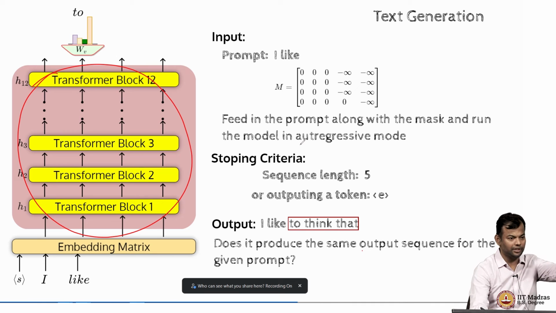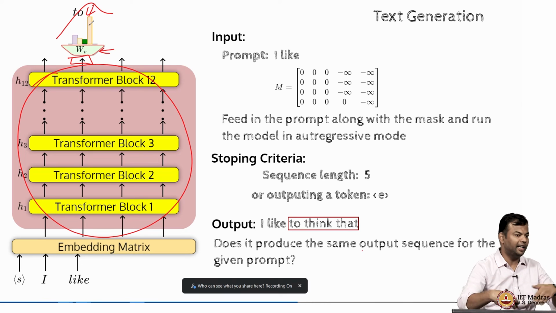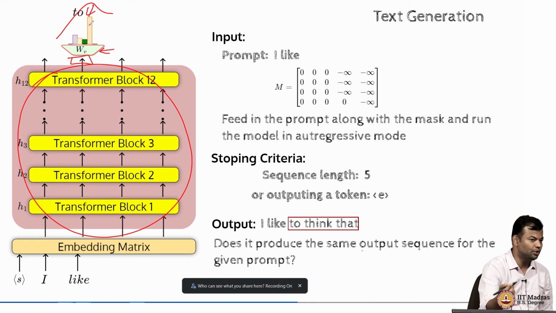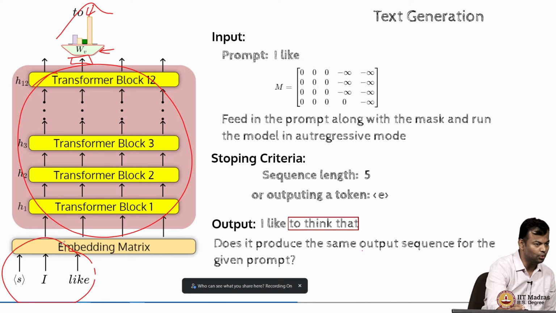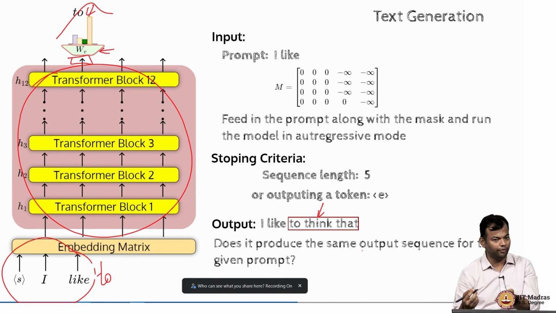The same multiplications will happen, the weights are frozen, you will get some vector here, and when it multiplies it with your output linear matrix, it will give some distribution in which 2 was maximized. No matter how many times I repeat this computation, always 2 will have the maximum probability. So whenever I give it "I like" as the input, it will always generate the third word as 2. Now when I give it "I like 2" as the input, it will always generate the same word at the fourth position.